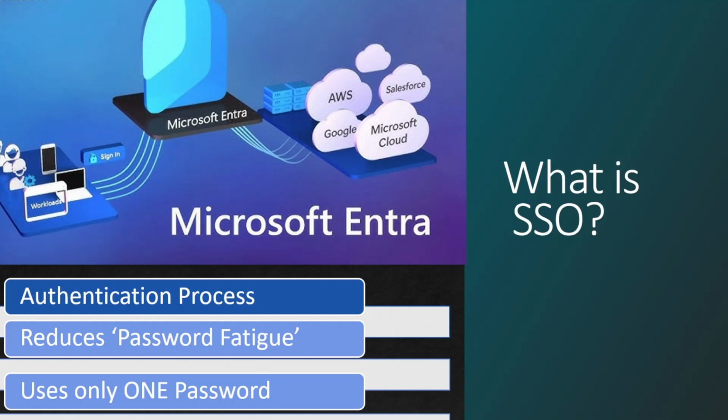SSO is useful for managing the number of times a user has to log on to multiple systems. In the process, it reduces what has come to be known as password fatigue, which could result from different username and password combinations and the time spent re-entering passwords for the same identity.